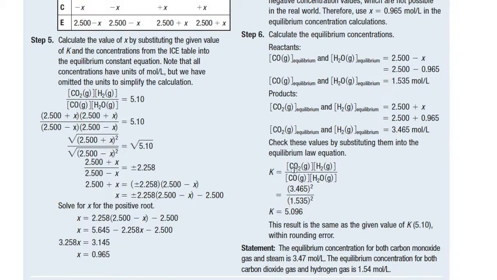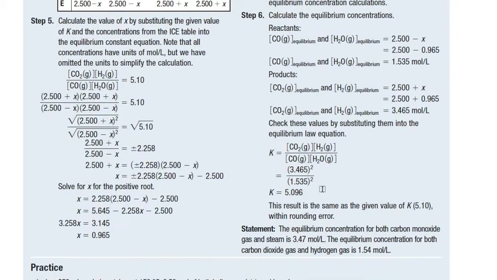So we have 3.465 times 3.465 divided by 1.535 times 1.535. That's going to make it as close as 5.1. So we have 5.096. So the equilibrium concentration for both carbon monoxide gas and steam is 3.47 mole per liter. The equilibrium concentration for both carbon dioxide gas and hydrogen gas is 1.54.